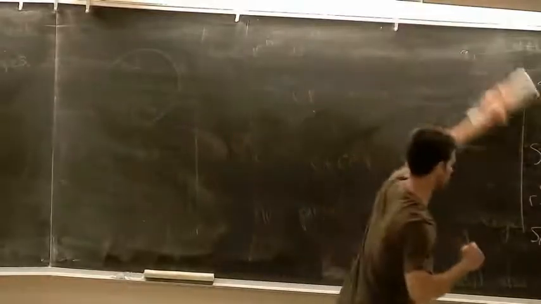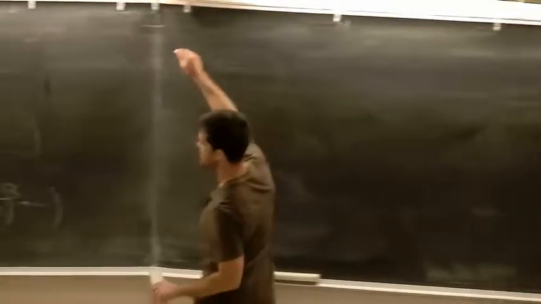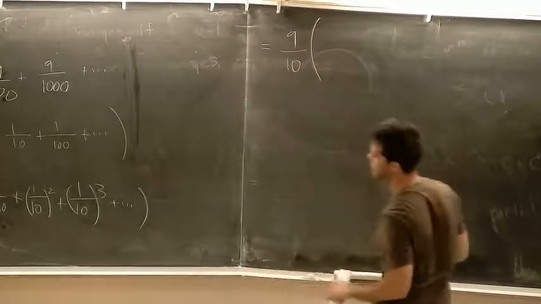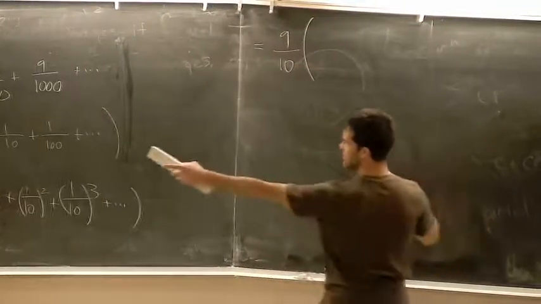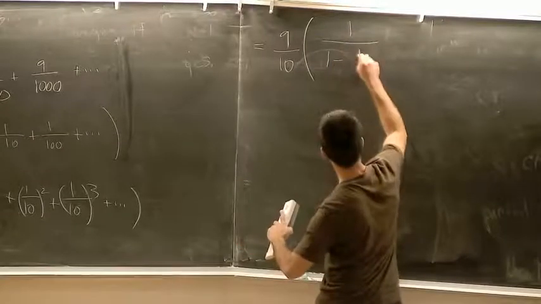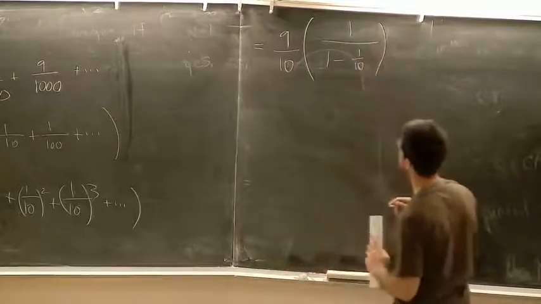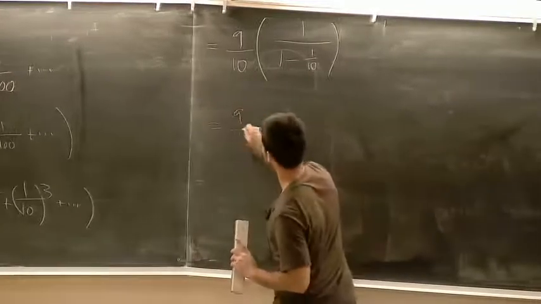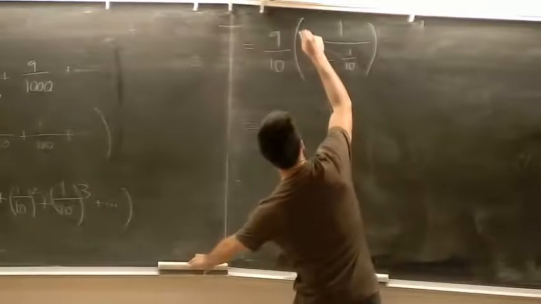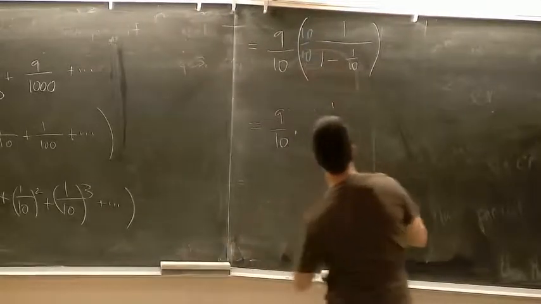And let's see what we get. Well, it better be 1. So this is equal to 9 over 10, and now applying the formula, which is in that box over there, that's the same as 1 over 1 minus 1/10. Okay, so this is 9 over 10 times, let's multiply it by 10 over 10 here.